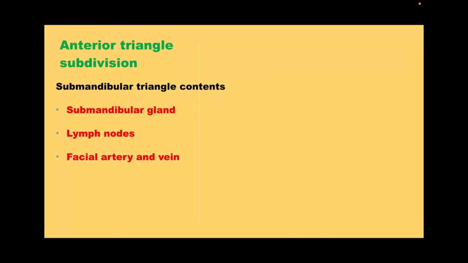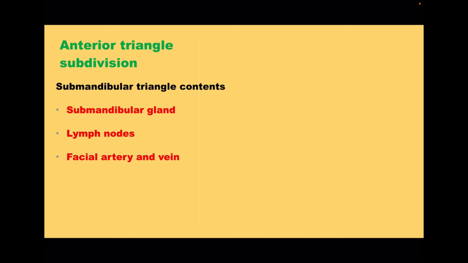Now the anterior triangle is divided into four parts: submandibular triangle, submental triangle, carotid triangle and muscular triangle. We'll discuss those triangles later. Now it's time for the submandibular triangle.